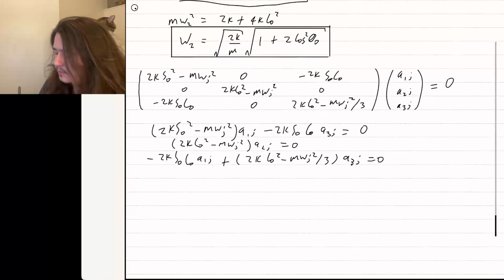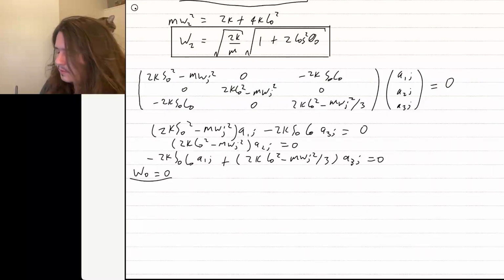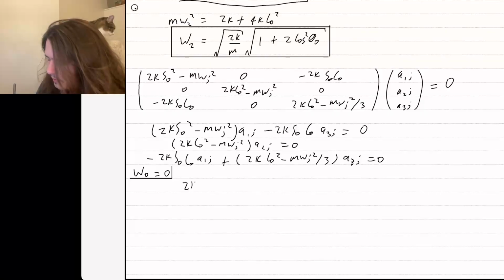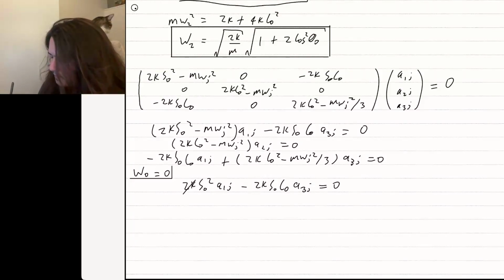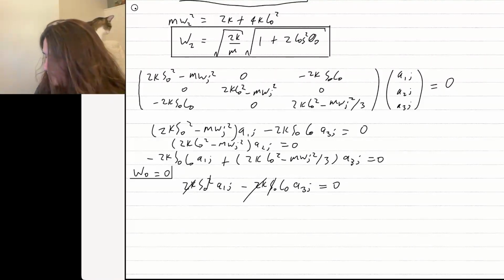The first one, remember our first eigenfrequency was 0. So we have got just 2k s naught squared a1j minus 2k s naught c naught a3j is 0. And then we've got factors of 2k there that just cancel out, and also a factor of sine theta that just gets canceled out.